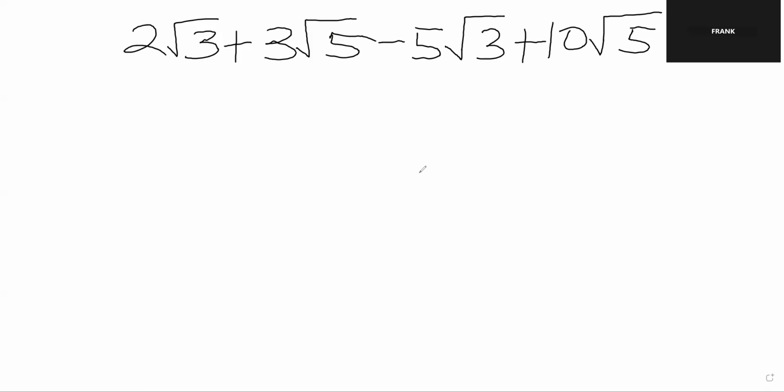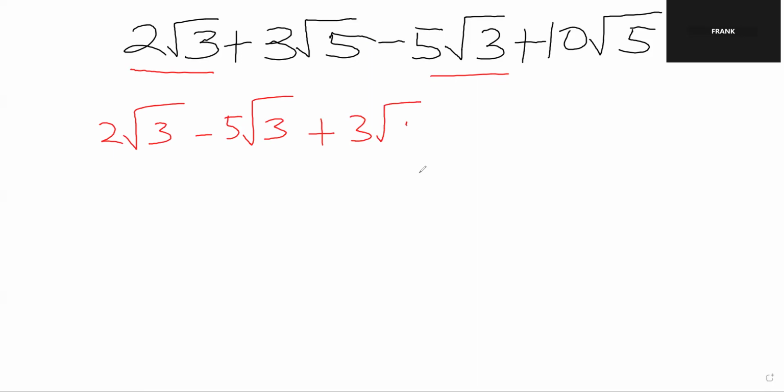So if you have this to solve, like I have mentioned, first you have to group the like sets. So 2 root 3 is like 5 root 3. So we'll group them: 2 root 3 minus 5 root 3, then plus 3 root 5 plus 10 root 5.